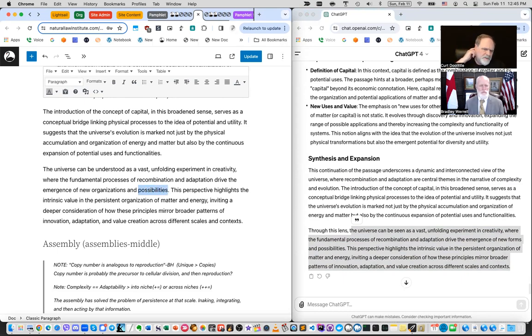Possibilities or potentials. Yes. Potentials is what we've been using. That's a very strange turn of phrase right there. Inviting.